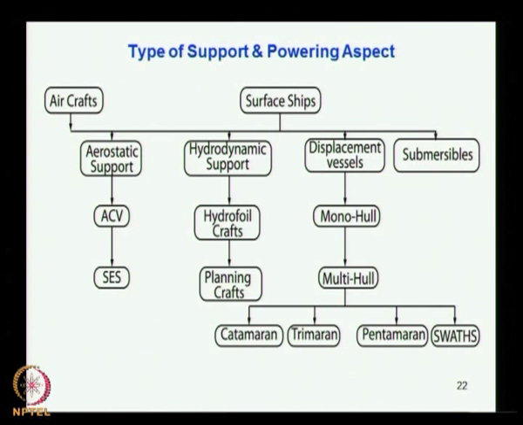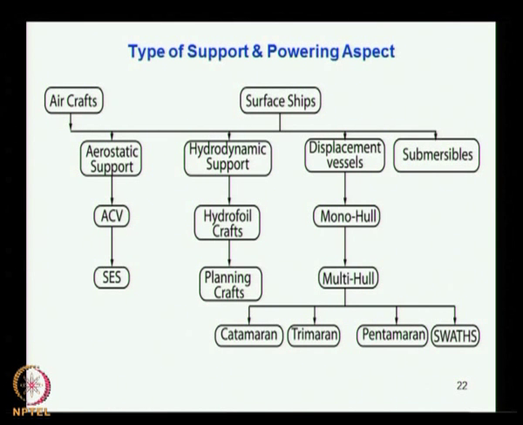So you have to look into the resistance estimation of these vessels when they are in airborne condition, and air resistance becomes more important, whereas air resistance is a very meager quantity in the case of conventional ships.